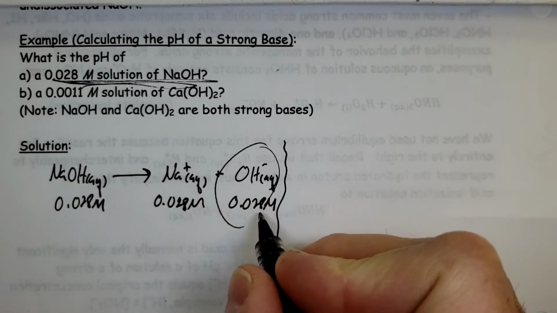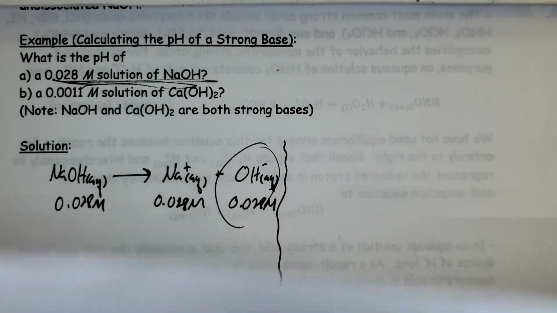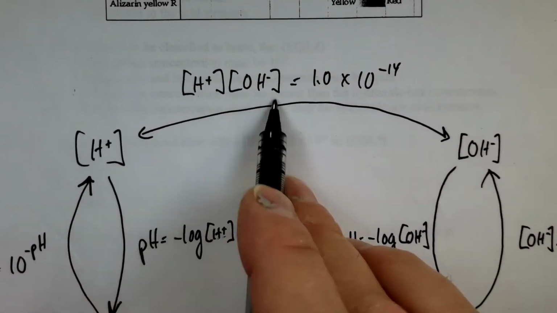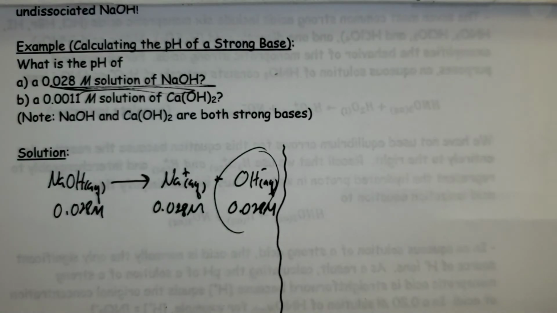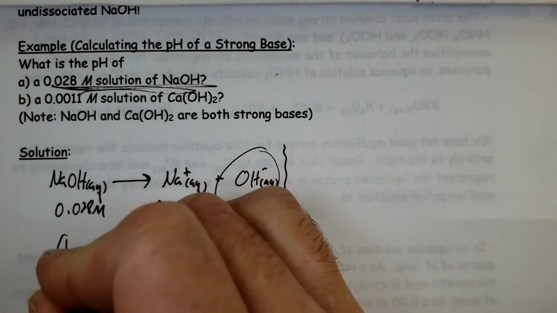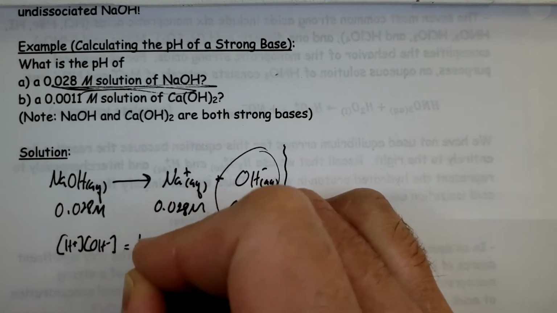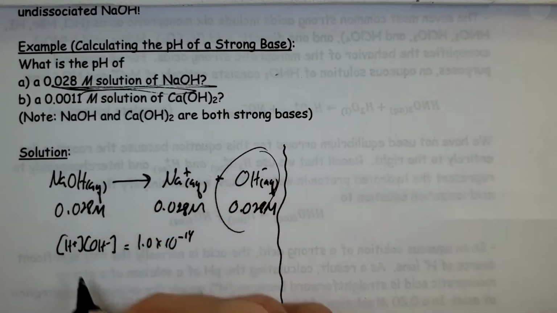So over here we have OH-. The next thing to do is to figure out what H+ would be by using this relationship. So hydrogen ions multiplied by hydroxide ions give us 1.0 times 10 to the minus 14.